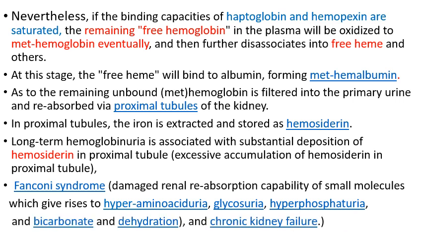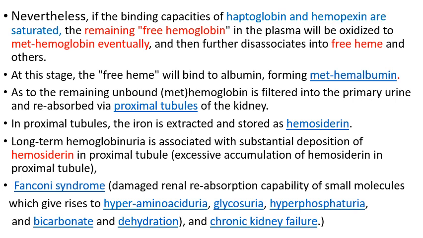But the remaining unbound methemoglobin is filtered into the primary urine and reabsorbed in the proximal tubule of the kidney. In the proximal tubule, the iron is extracted and stored as hemosiderin.